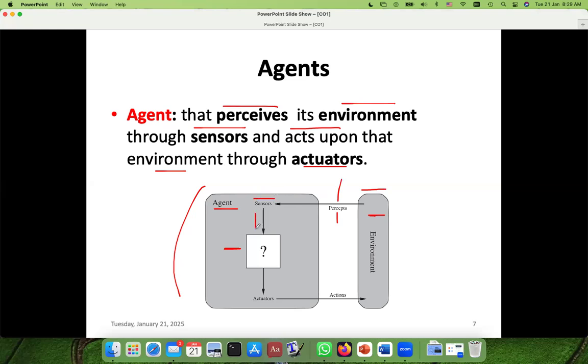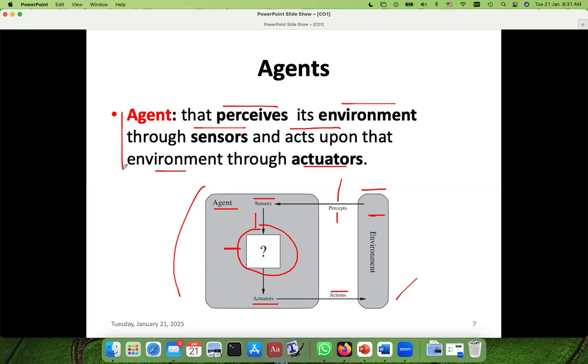Then it will process that input, and after processing, it will reach a decision, and then your agent will have the actuators attached with it. Through those actuators, your agent will perform action on the environment. So this is an illustration of the same three lines that you have seen here. And this is the definition of the agent.